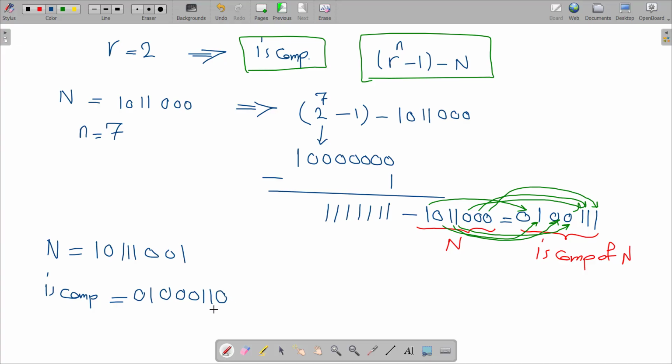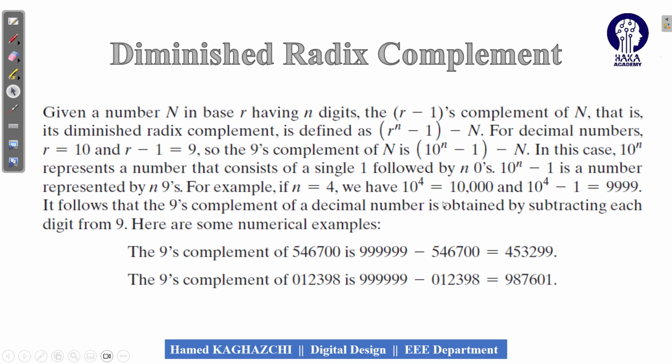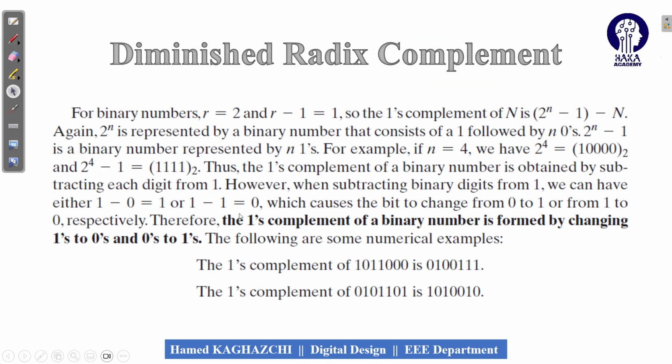That's it. So according to this concept, the ones complement of a binary number is formed by changing ones to zeros and zeros to ones, like these examples that you can see here. That was the first complement of a binary number.